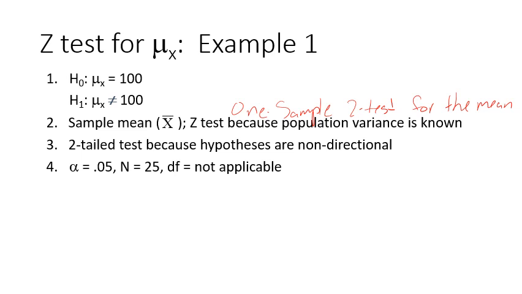If you didn't write degrees of freedom at all, I won't mark you wrong. That's technically a correct way to do it. Degrees of freedom not applicable, degrees of freedom equals NA, are all different ways you can say it, as long as you don't write degrees of freedom equals and then a number. If you do, you'll get points off here, because for a z-test, degrees of freedom is not applicable.